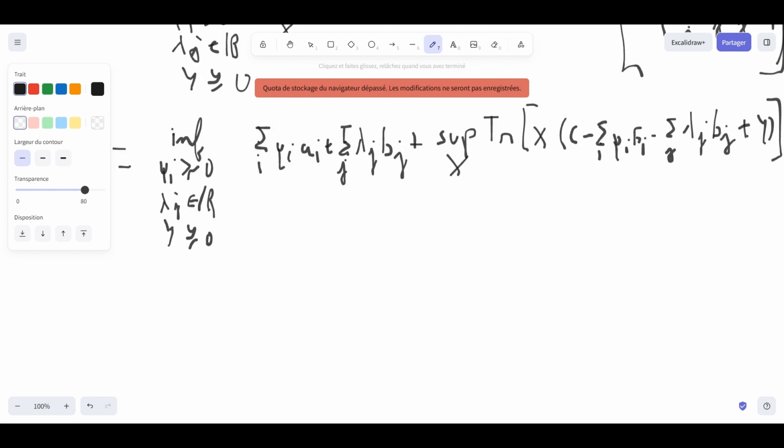And so we can just try to reapply this indicator function.